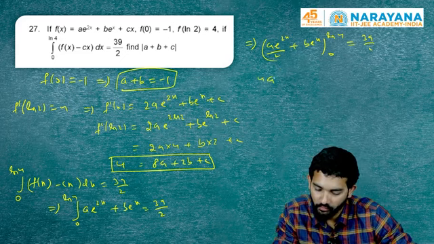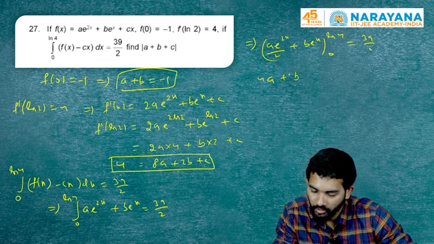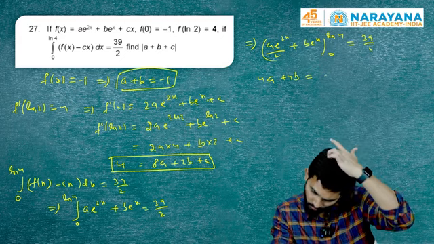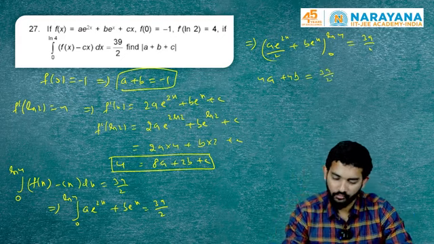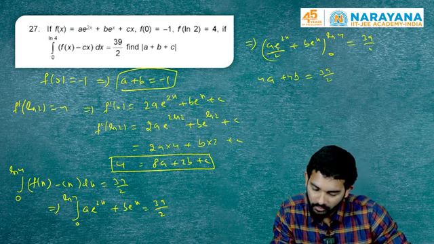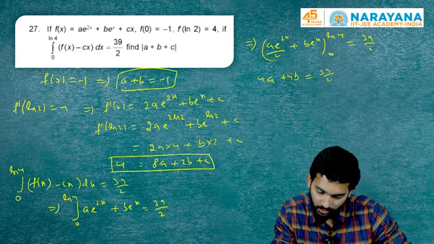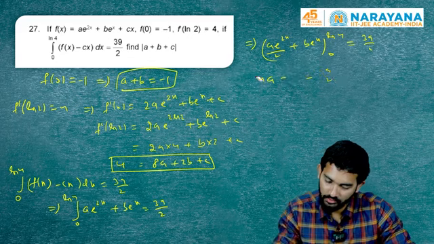So a e power 2x by 2, minus this 0 is also there.